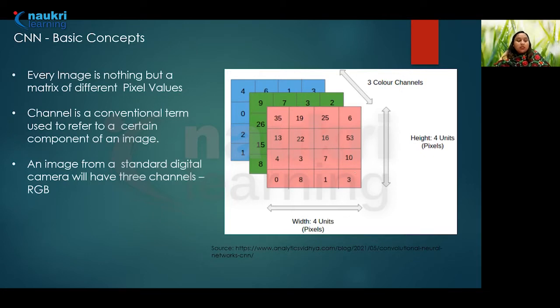Imagine our image is from a standard digital camera with 3 channels generally. Whenever we want to describe any image, we can have CMYK, we can have RGB, or we can have grayscale if the picture is black and white. Here in the image, we can see that it is an RGB image and it has 3 channels.